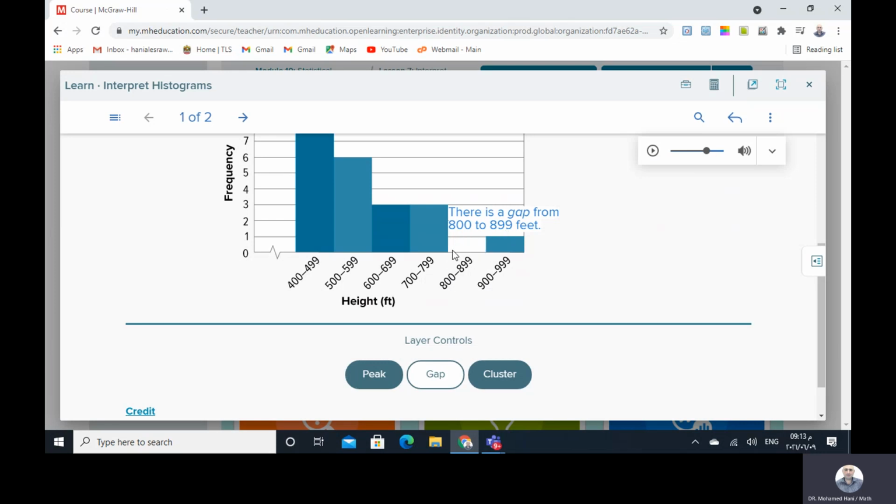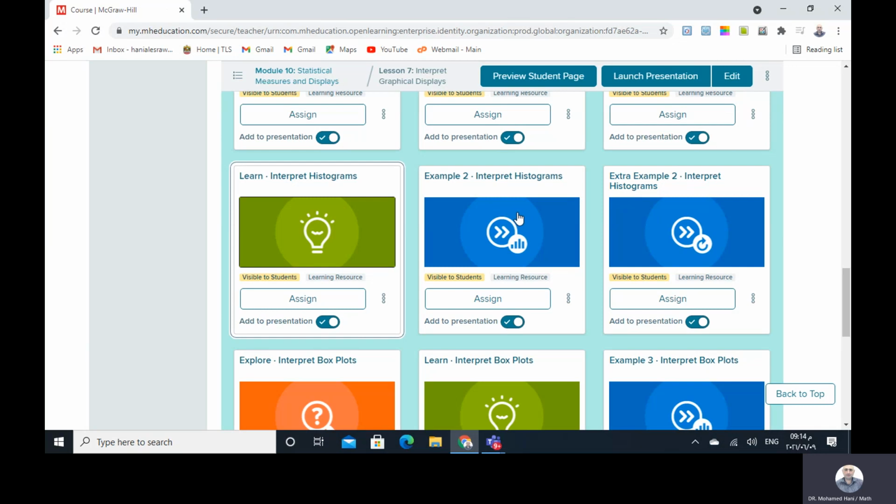So no data here. What's the meaning of the cluster? There is a cluster from 400 from here to 799, the data together. Example.